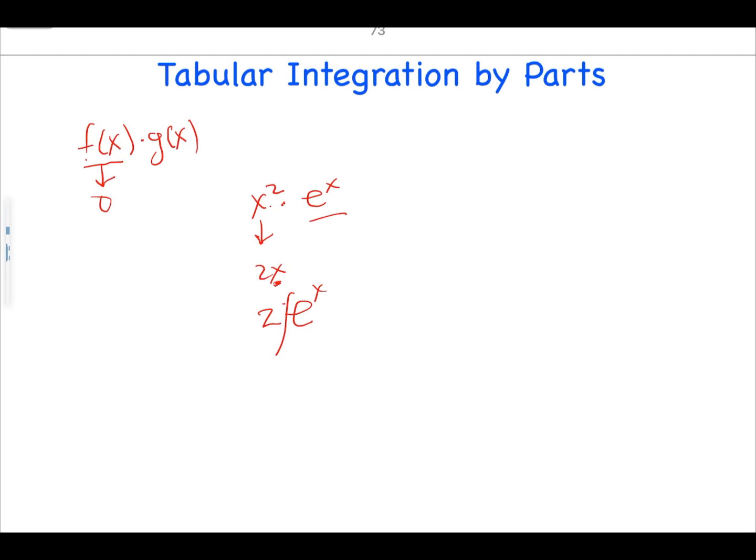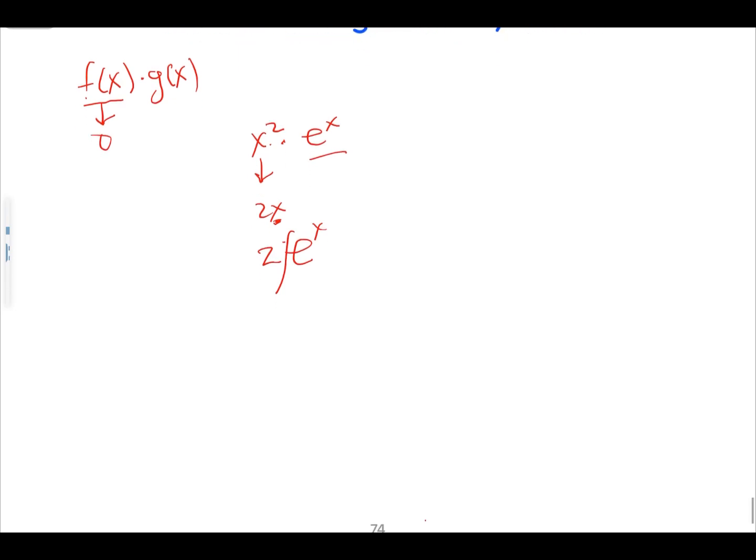So in this case, we can use integration by parts more than once to evaluate this integral, and we are going to do that in a tabular form. I think you'll be happy to know this and add it to your toolbox. So now, the tabular integration by parts.